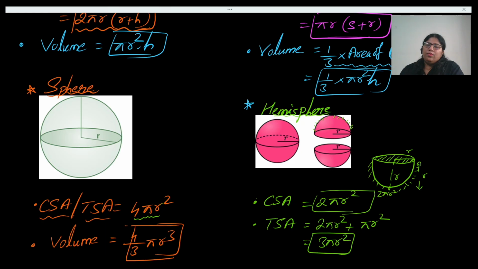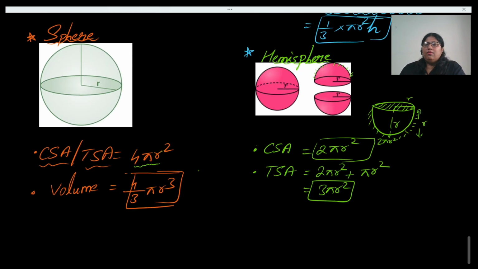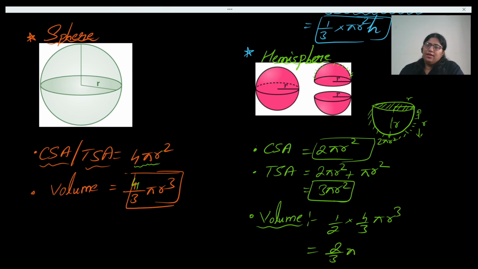If you don't remember this formula, you should remember how to derive it from the sphere. Now, what is the volume here? Because the hemisphere is half of the sphere, the volume will be half of 4 by 3, half of the volume of the sphere, which is nothing but 2 by 3 pi r cube.